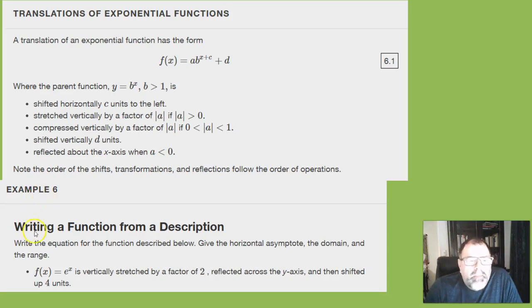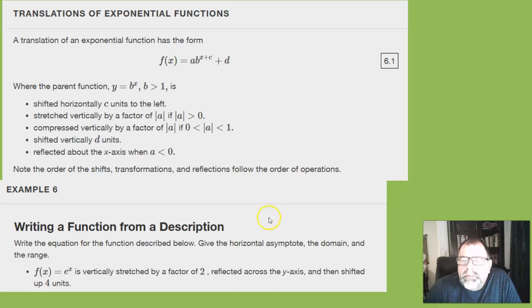Let's take a look at example 6, writing a function from a description. Write the equation for the function described below. Give the horizontal asymptote, domain, and range. So f of x equals e to the x is vertically stretched by a factor of 2. So remember, that's this a here.